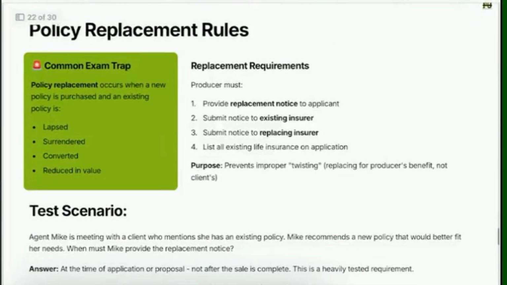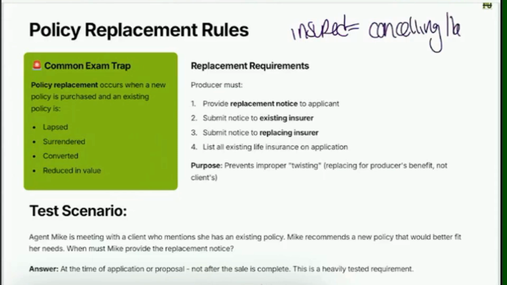Policy replacement rules. Again, these are going to be more specific in your regulations videos, but whenever you are replacing a policy, that is, the customer, the insured, is canceling or letting a policy lapse to buy yours, that's a replacement.